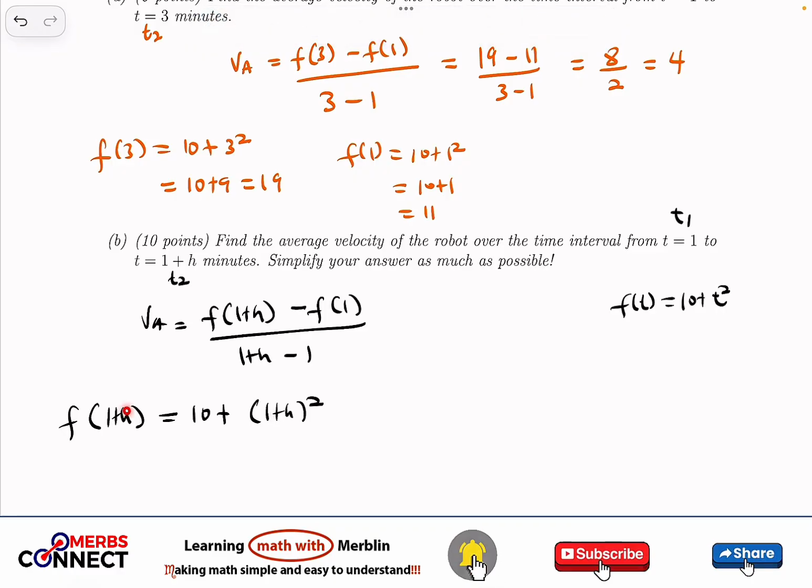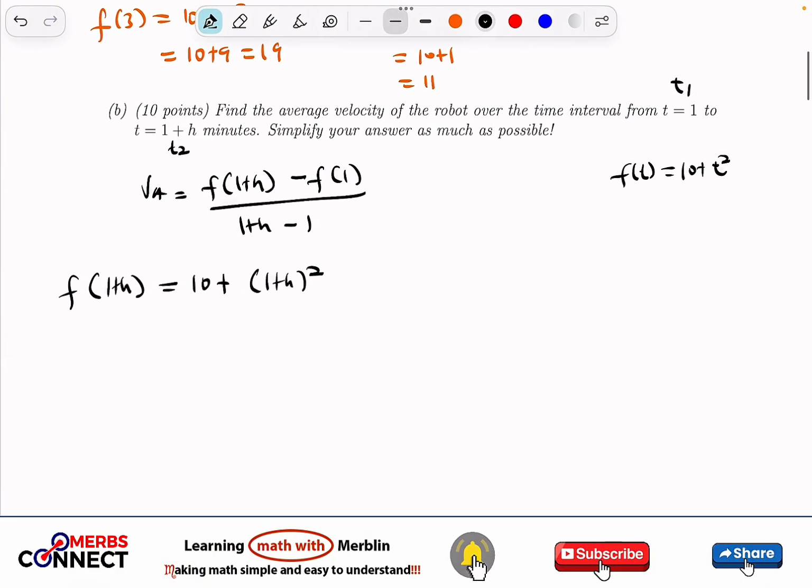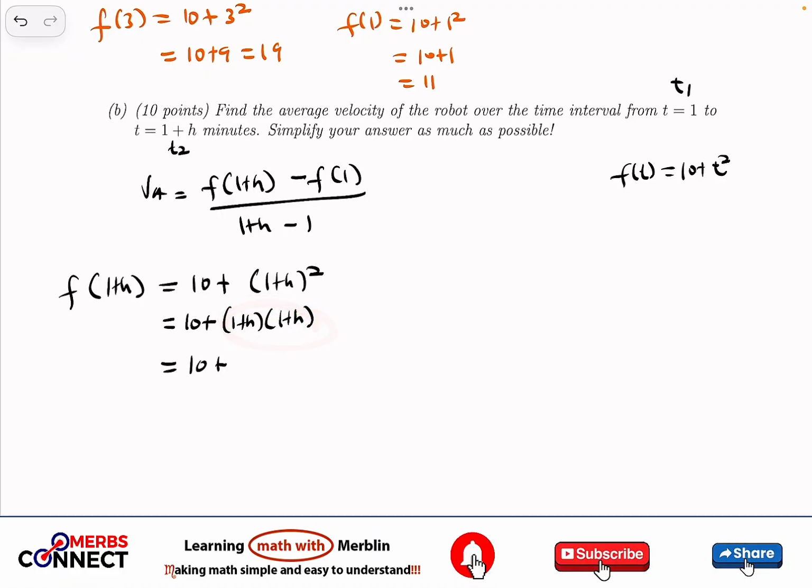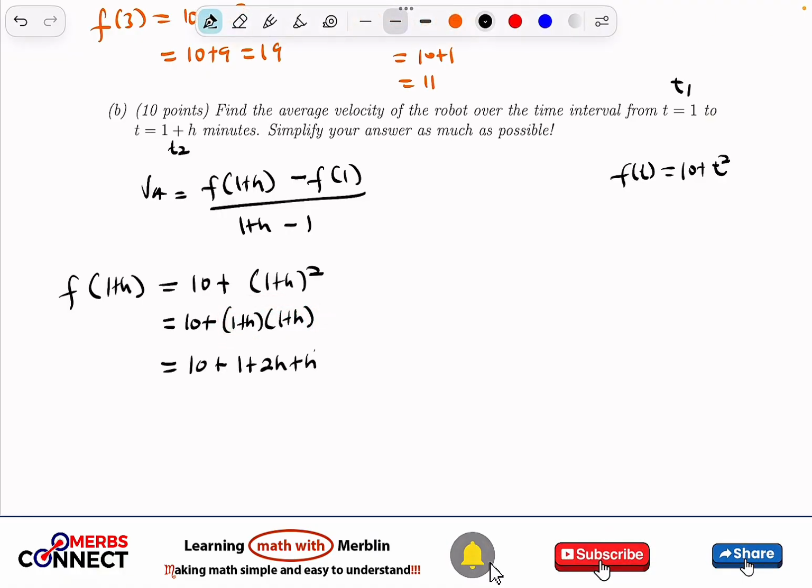Now our t is 1 plus h, so I need to have 1 plus h in parentheses, squared. So this is going to give us 10 plus 1 plus h all squared, which is the same as 1 plus h times 1 plus h. So this is what I'm going to get. Then I'm going to expand this and have 1 plus 2h plus h squared.